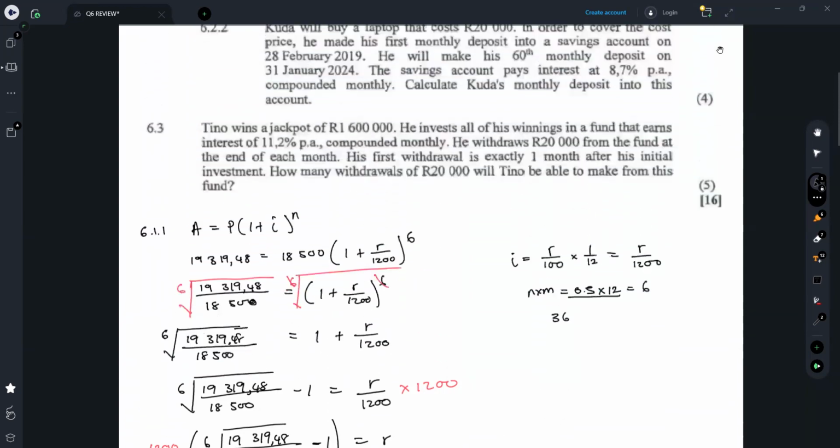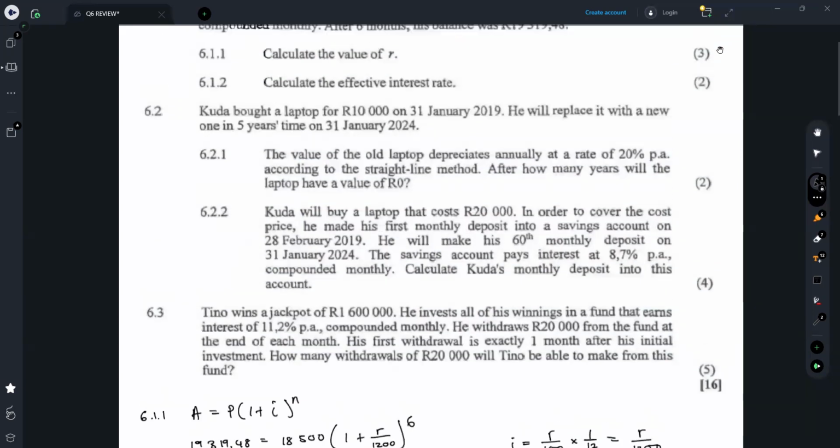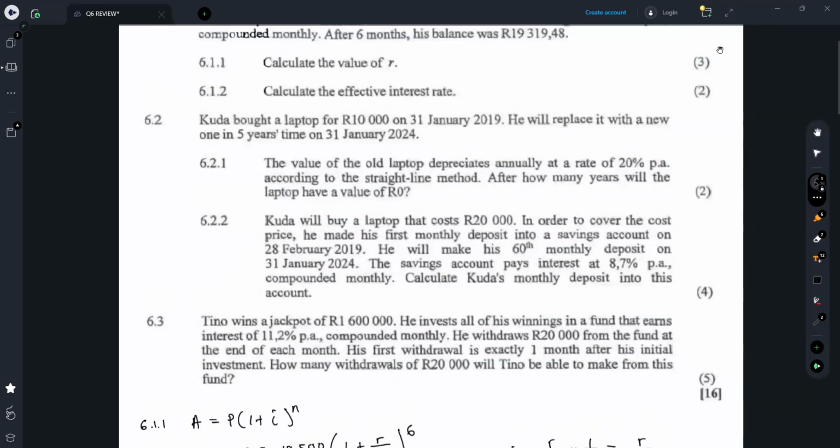Let us go on. Let's see what's the next question. Okay, we have 6.2 here. In 6.2, they're saying, Kobus bought a laptop for 10,000 rands on 31 January 2019. He will replace it with a new one in 5 years' time on 31 January 2024.